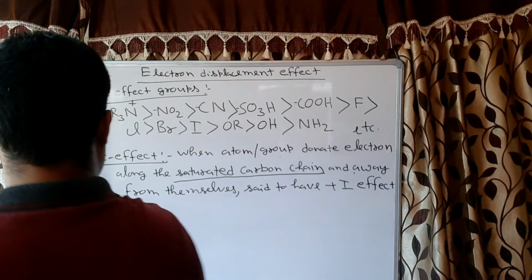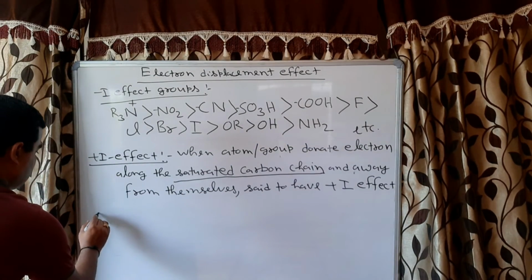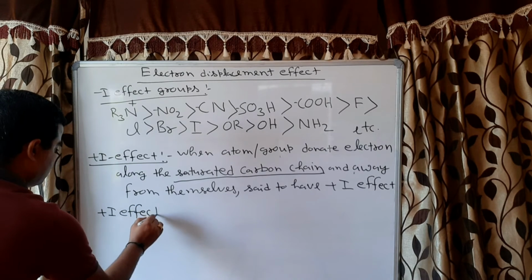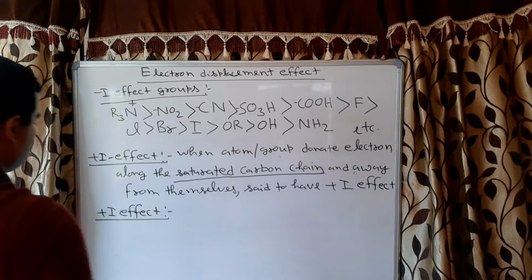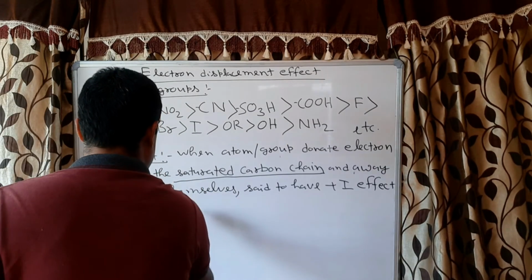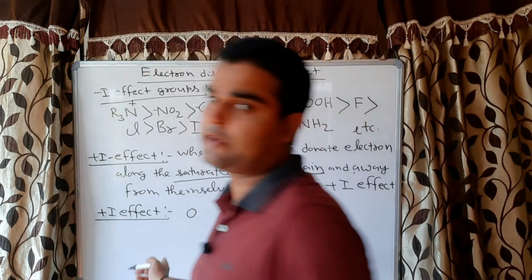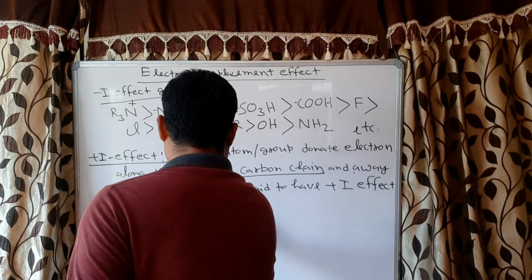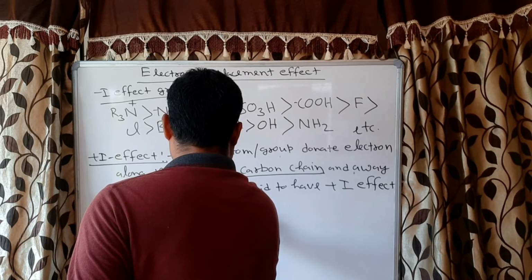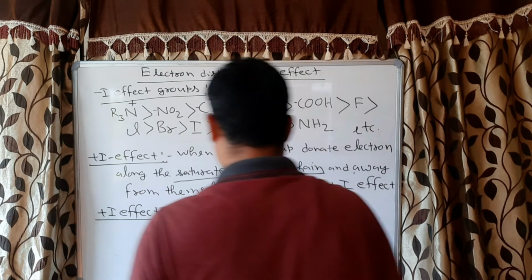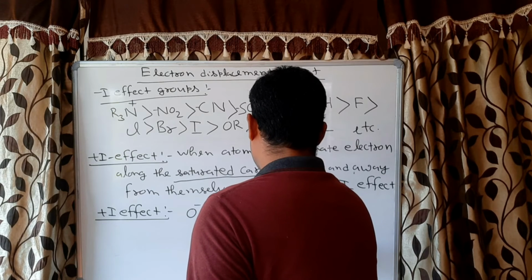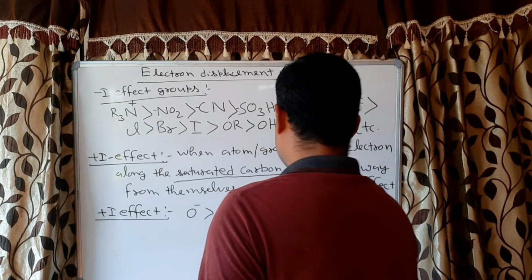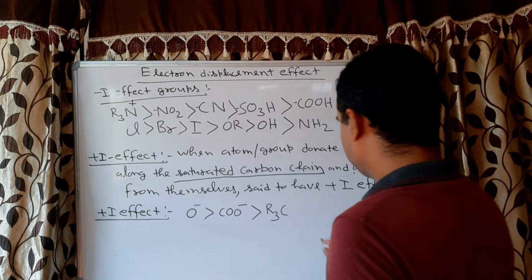Now, what are the examples? Plus I effect groups. Like this also I will tell you the decreasing order, correct? So O minus, COO minus, R3C, correct or not?